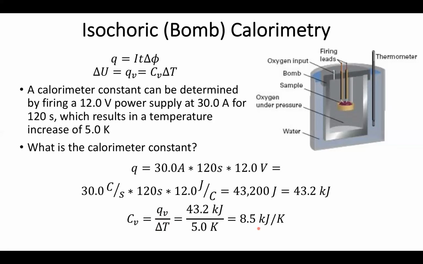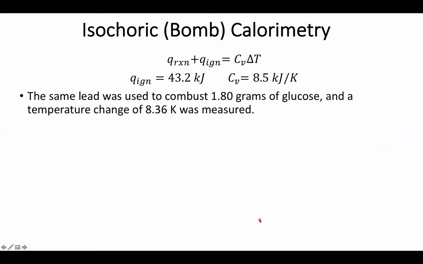And again, one of the things you should note, heat capacities should always be a positive value, which indeed we have. Now, I have determined my heat capacity and the amount of heat produced by igniting my ignition source.